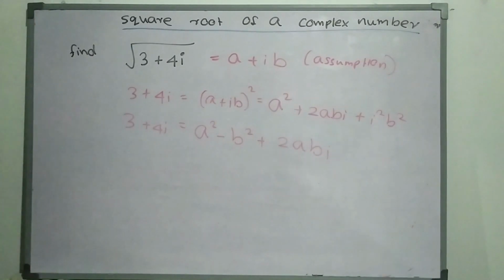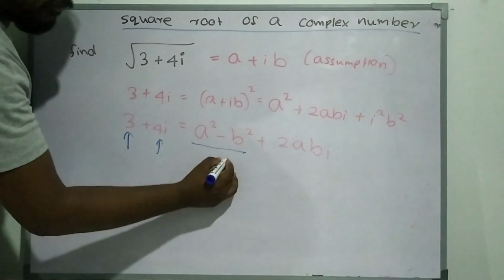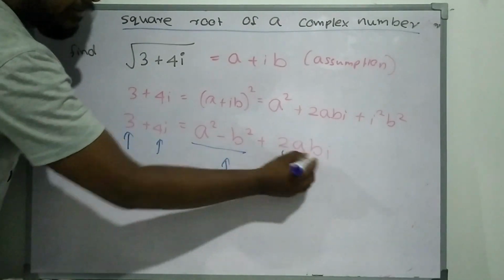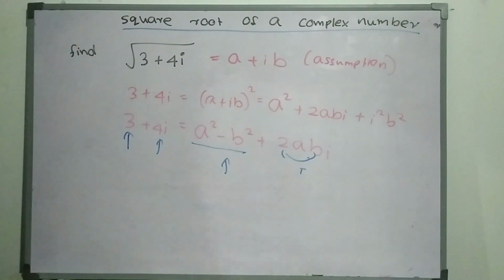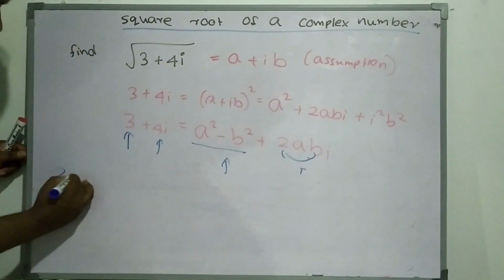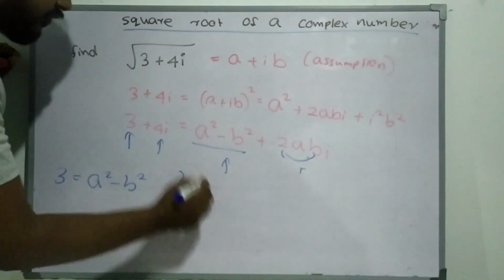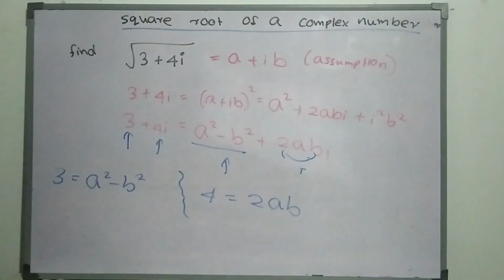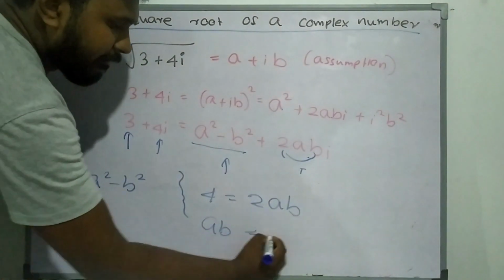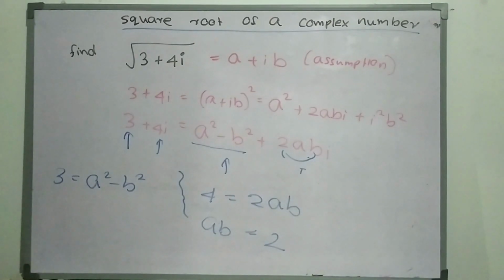Then it's a square minus b square plus 2abi equals 3 plus 4i. So here this is the real part and the imaginary part. Both sides are equal complex numbers, so 3 will be a square minus b square, and 4 will be 2ab, then ab equals 2. So two simultaneous equations and two unknowns.